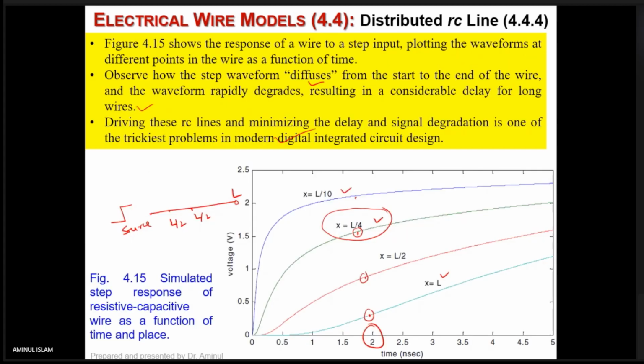Now, figure 4.15 shows the response of a wire to a step input, plotting the waveforms at different points in the wire as a function of time. Here x is the length of the wire. Here is the starting point.